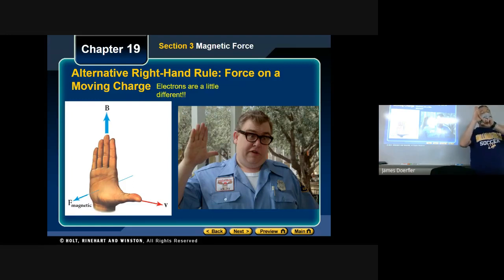With protons, the magnetic force is coming out of your palm. With electrons, the magnetic force is coming out of the back of your hand. Okay? So if you want to jot that down, it's also in your textbook. But protons, the magnetic force is out of the palm. For electrons, the magnetic force is coming out of the back of your hand.